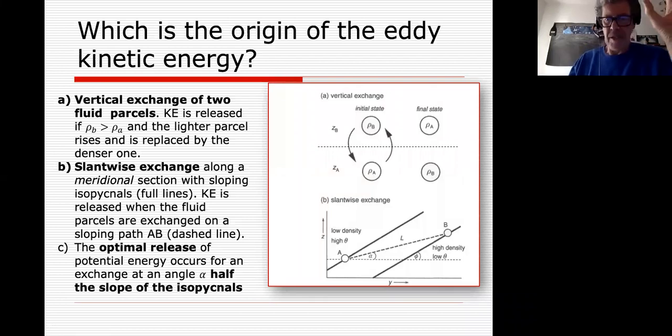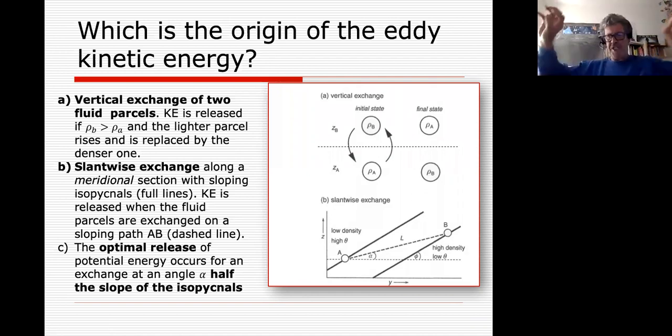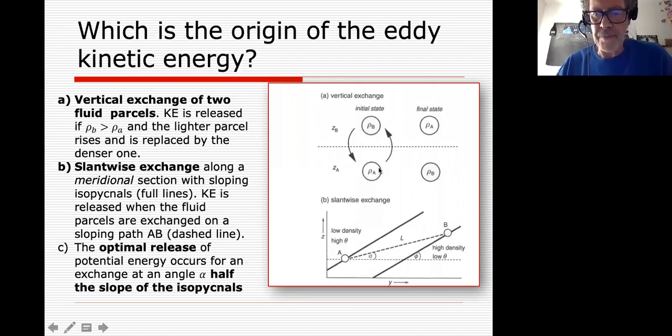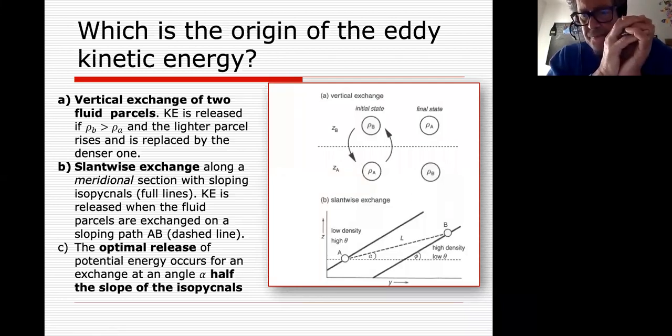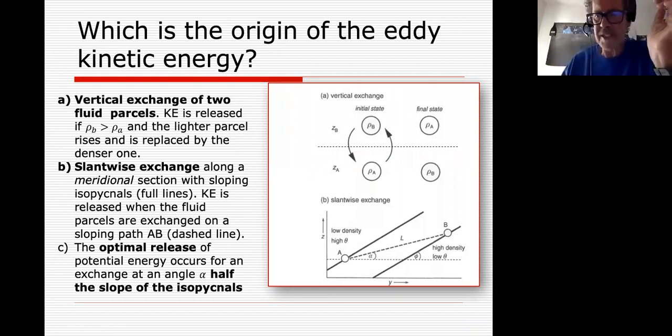There is some potential energy associated with this state, and assume we exchange the two water parcels, moving the denser part upward and the lighter part downward. In this case, we have an increase of potential energy, and the system is unstable.